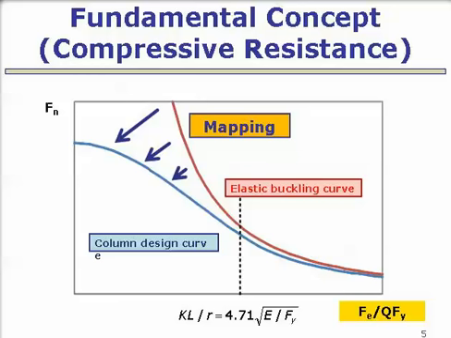This blue curve is the column design curve we have, AISC 2005. As you see, this is in terms of KL over r value, and we have the limit 4.71 square root of E over Fy between the inelastic and elastic buckling strength.